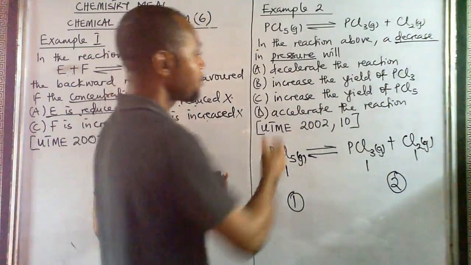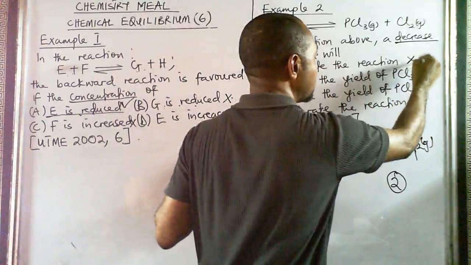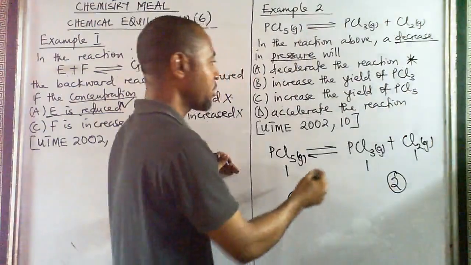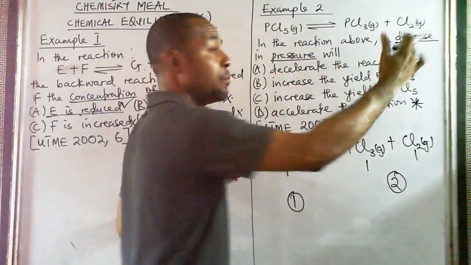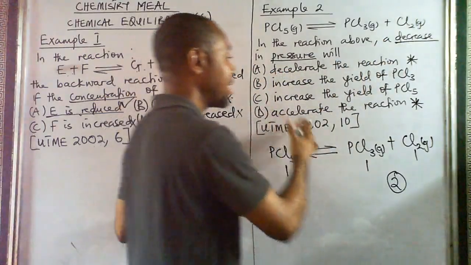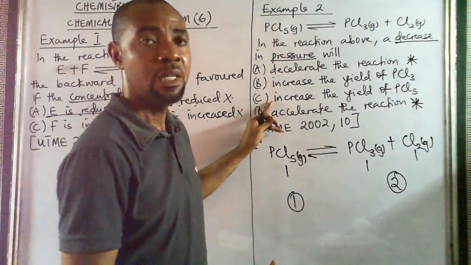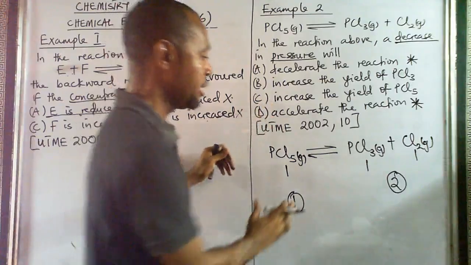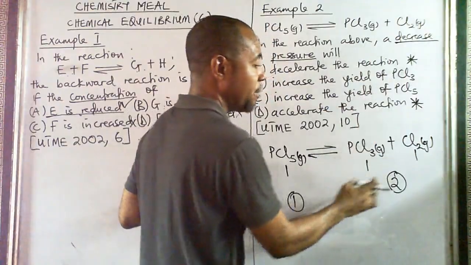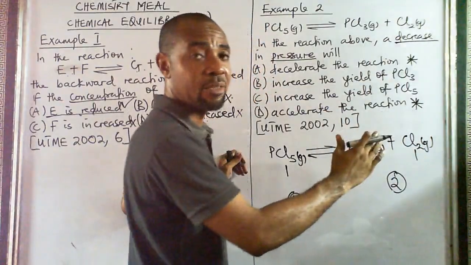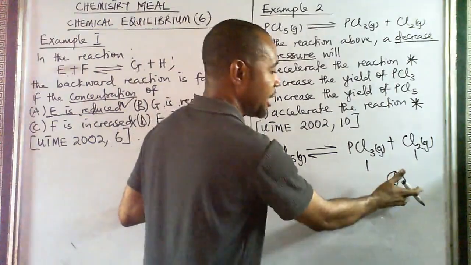So now we check our options. Decelerate the reaction: equilibrium has nothing to do with the rate of chemical reaction, so decelerating the reaction and accelerating the reaction are off. Which side was favored again? It is this side, and we know why. A decrease in pressure favors the side with higher moles. We have just one mole here and two moles there, so this side is favored.